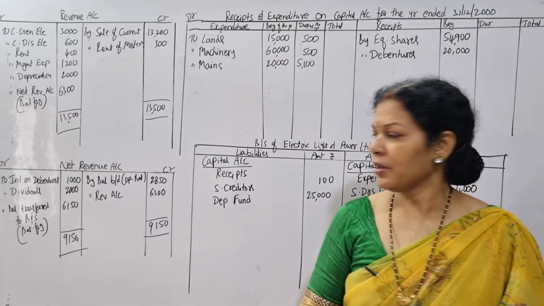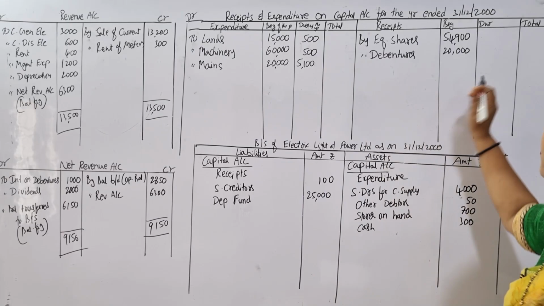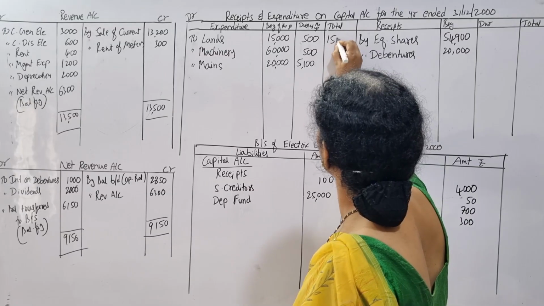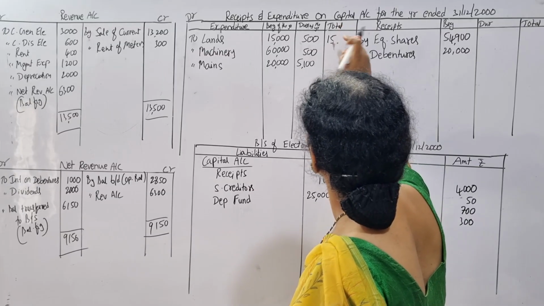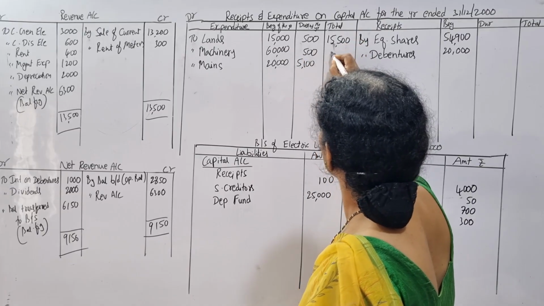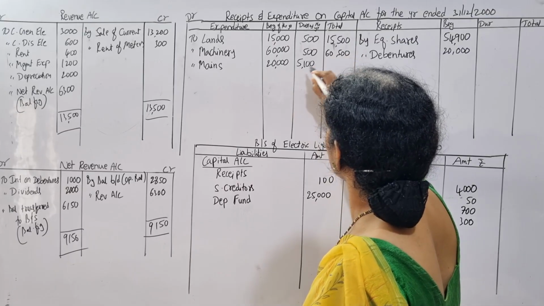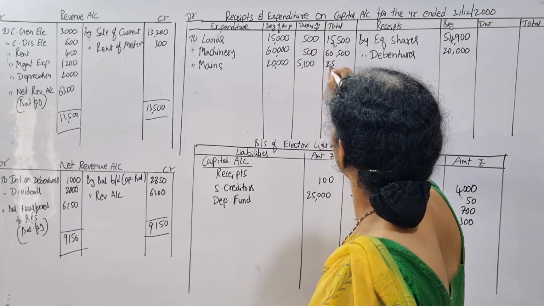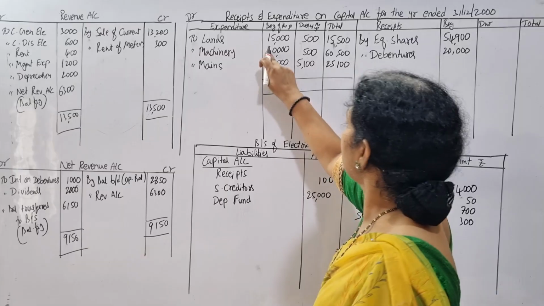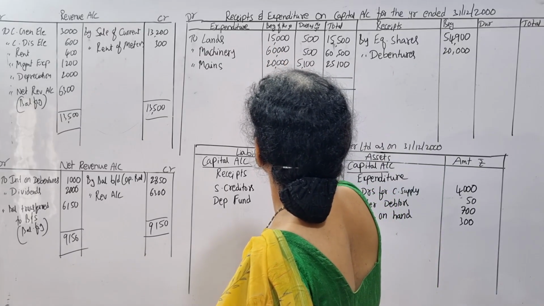Balance sheet, okay. Now coming to the capital account. Capital account, simply you have to close it. Now this is 15,500. This is 60,500. This is 25,100. We'll close it. 95,000. Yes.